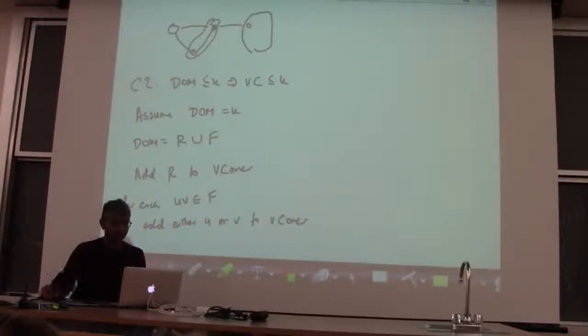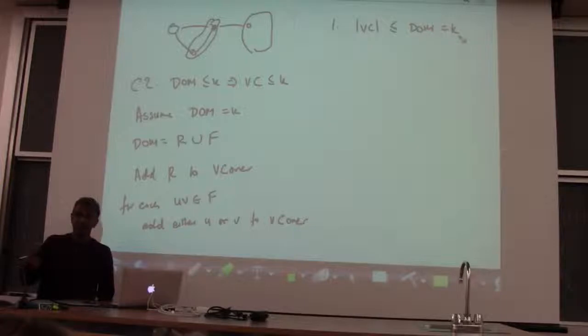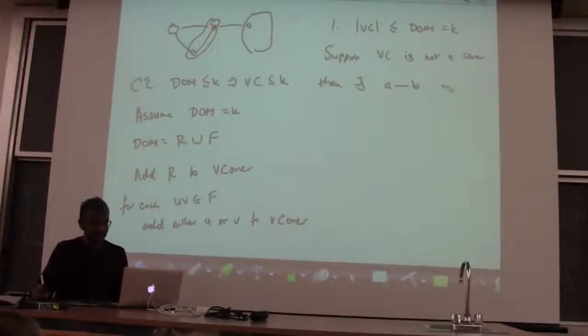Okay? So, number 1, the size of the vertex cover is less than or equal to the size of the dominating set, which is equal to k. So the size is correct, because I may add something new or not, but I never added anything that wasn't in the dominating set. And suppose it is not a cover, then there is some edge, let's call it AB, that is not covered.